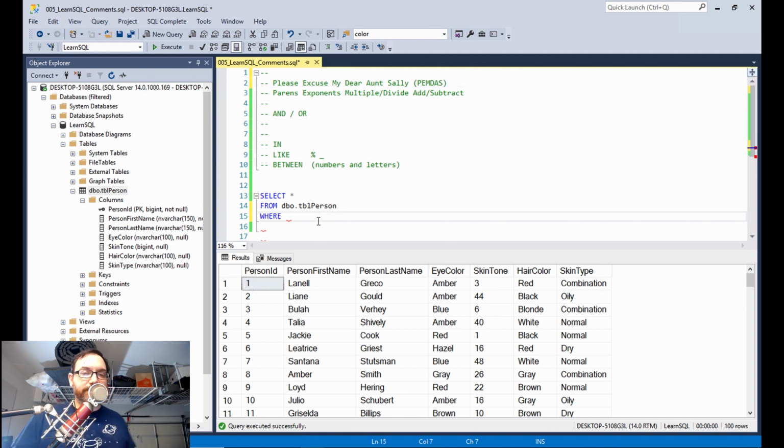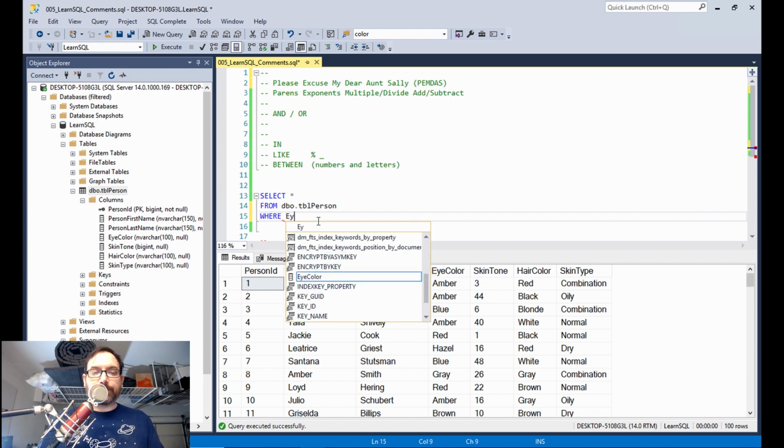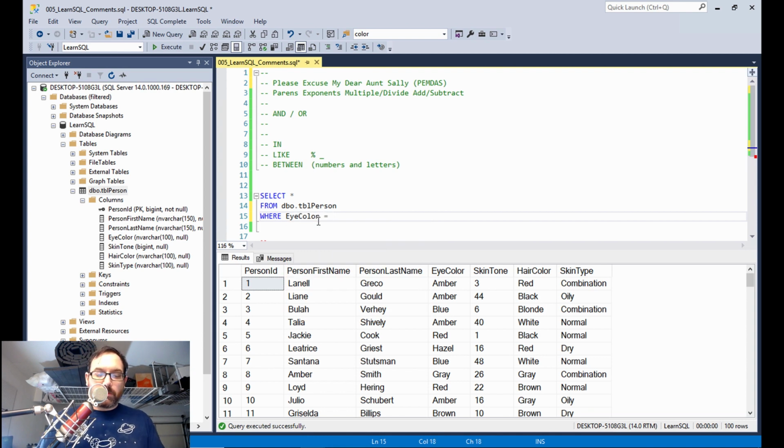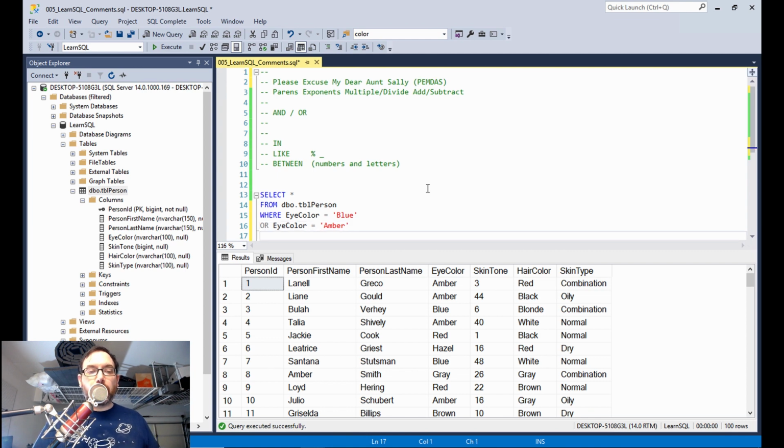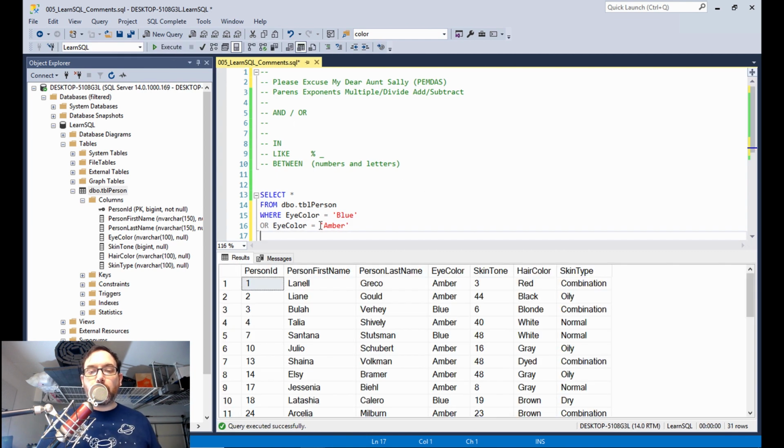So let's say, where iColor equals blue, or iColor equals amber, and we run this, we will get iColors of both amber and blue.